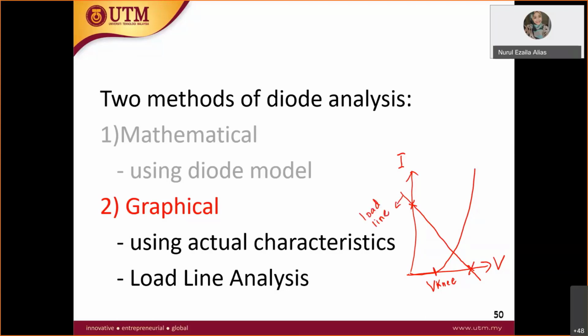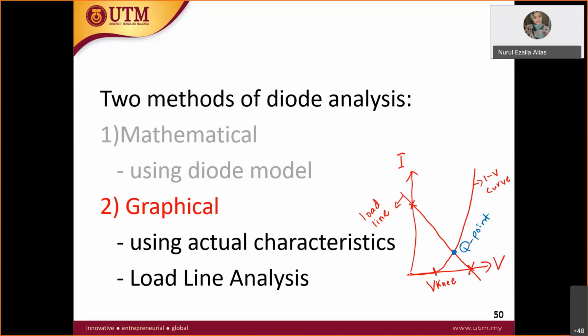This is your IV curve. The intersection of your IV curve and the load line, this node, we call the Q point, where it is the active point.